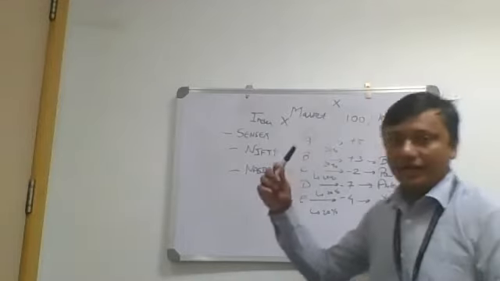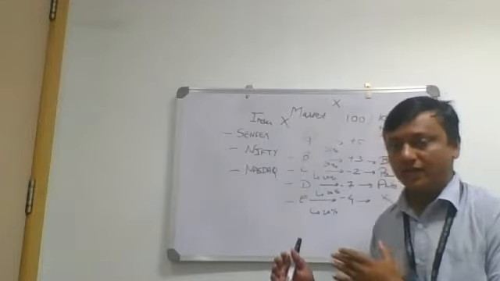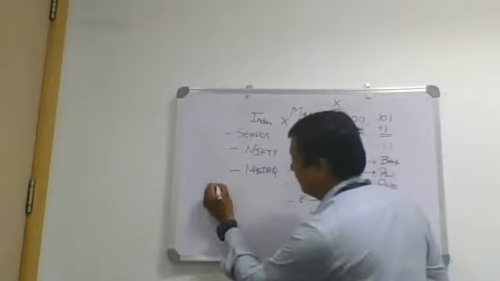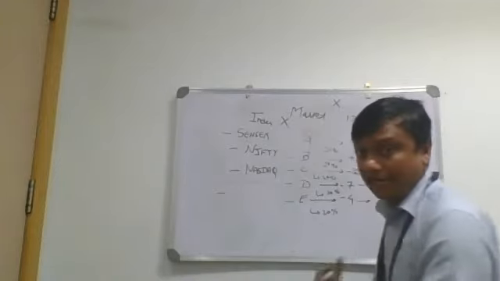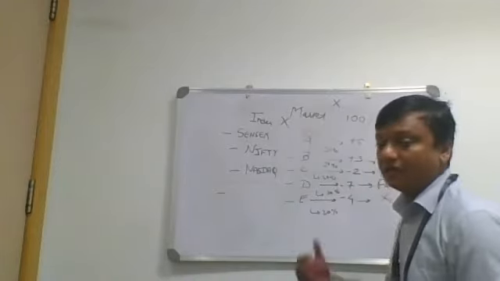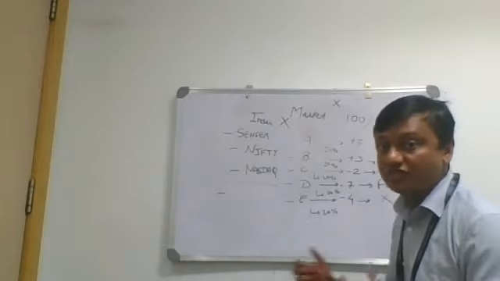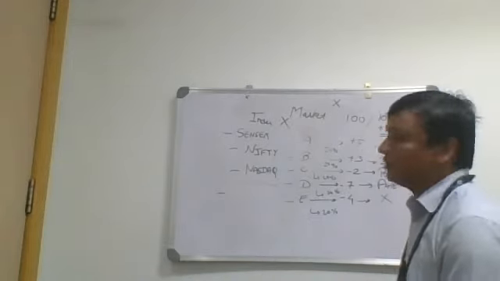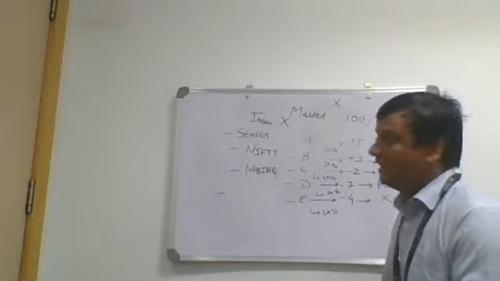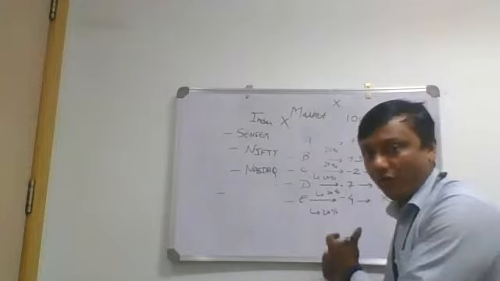So these are just a few of the salient features of an index. First of all, an index should have the basket of securities on which it is based. It is not that you will take all the stocks.